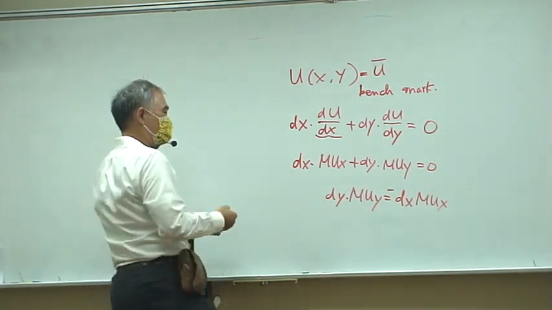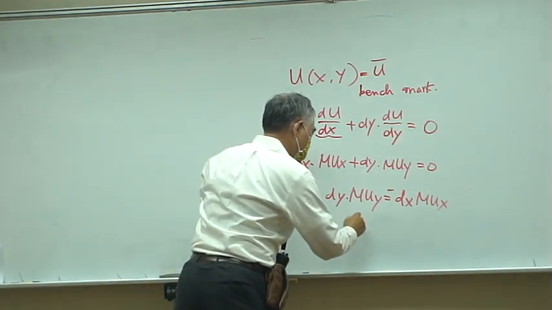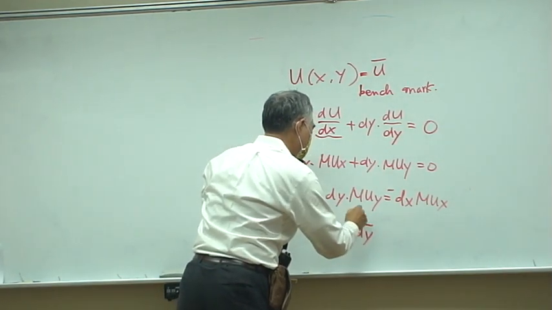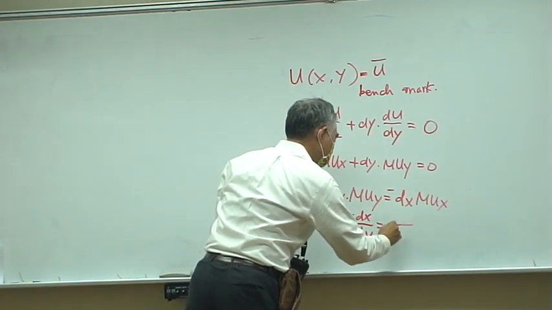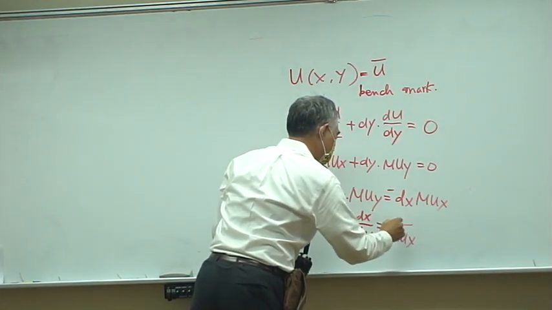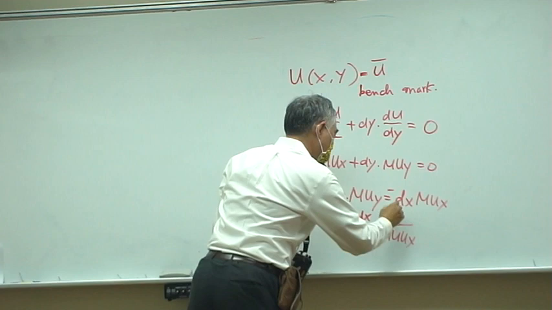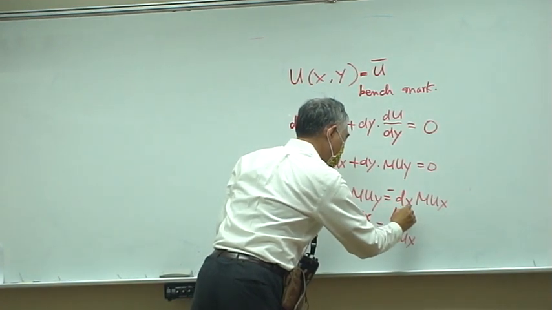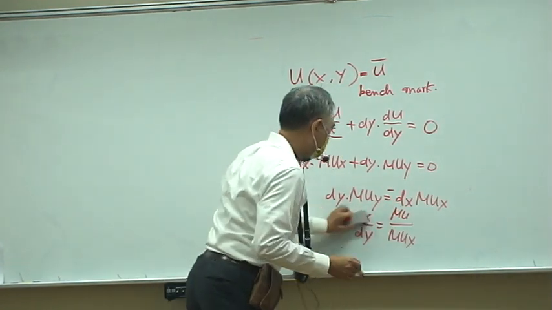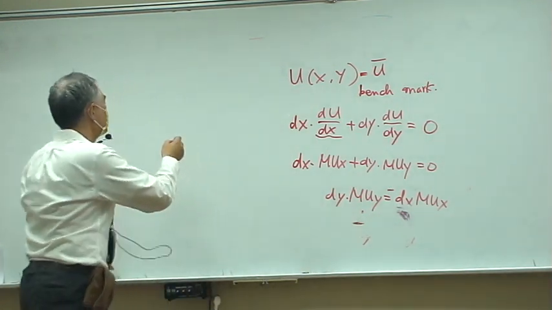Let me finish it. So you have here dy/dx is equal to negative MUx over MUy. Anyway, let me try this first.